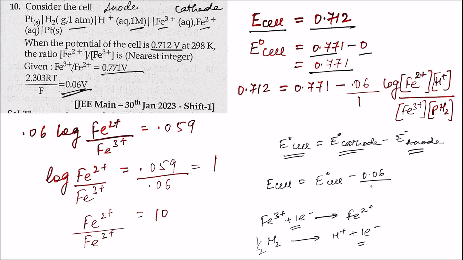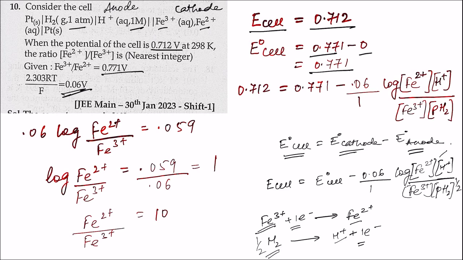So value of n is 1. Log, in the redox reaction the product side has Fe2 plus and H plus ions. So concentration of Fe2 plus ion multiplied by concentration of H plus ion, divided by, on the reactant side, Fe3 plus ion and hydrogen gas, so concentration of Fe3 plus ion and partial pressure of hydrogen raised to the power half.